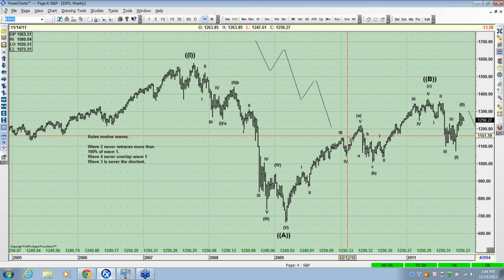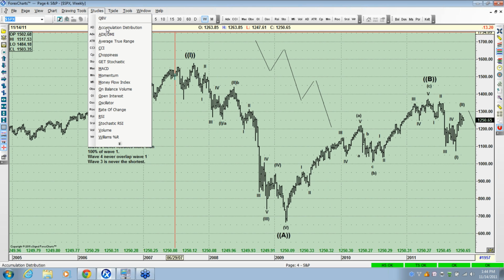Now, let's move on to momentum, because momentum is very important when it comes to Elliott Wave. Most of the time the highest momentum of the cycle happens within wave 3. We recommend you guys use the RSI, the Relative Strength Index.